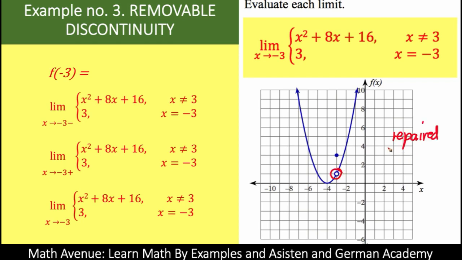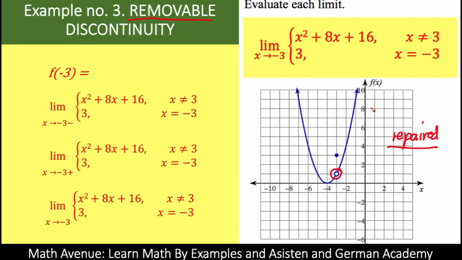But this hole can be repaired by just plugging in this one single point to complete all the points in this curve. When all you need is one point to repair the function to make it continuous, then you say that function has a removable discontinuity, because the discontinuity was created by just removing a single point, and it can be repaired by putting that point back to the curve.